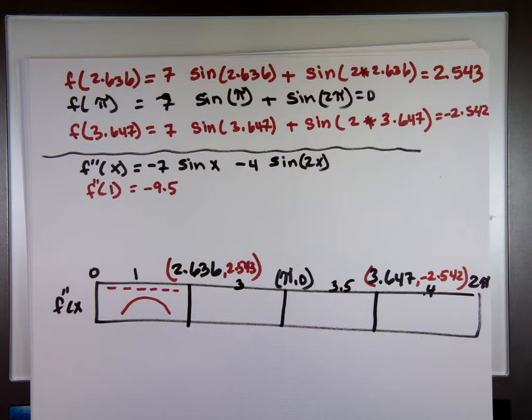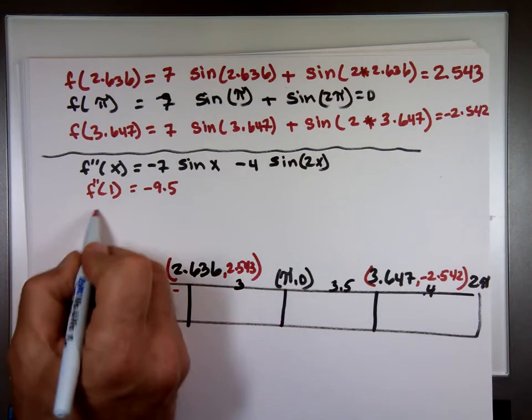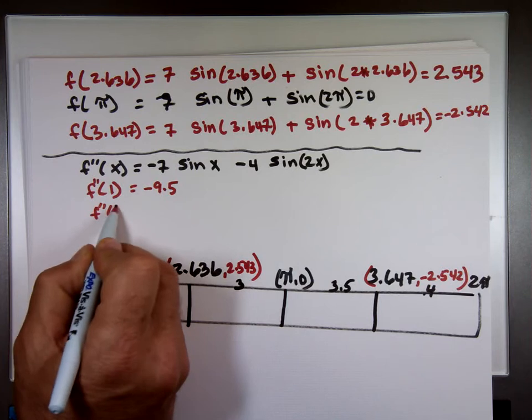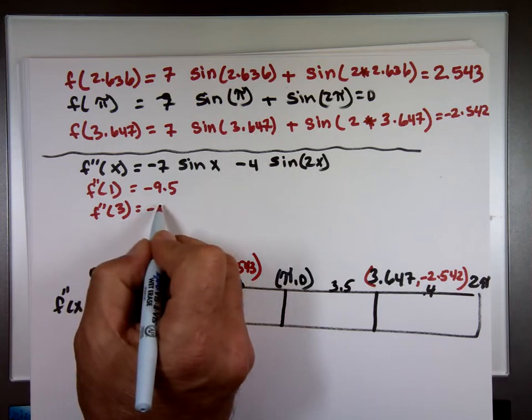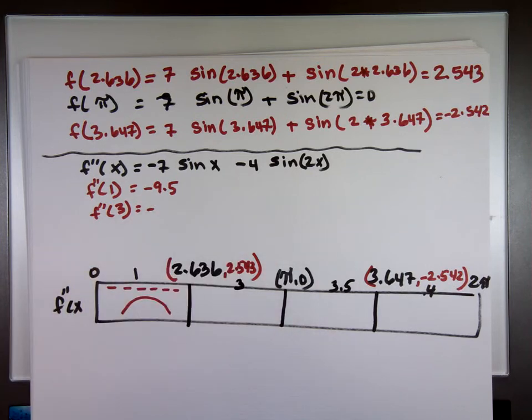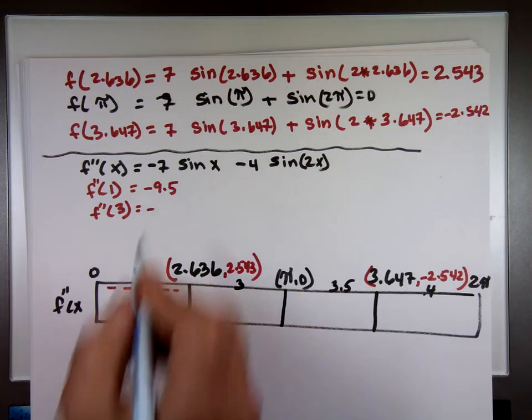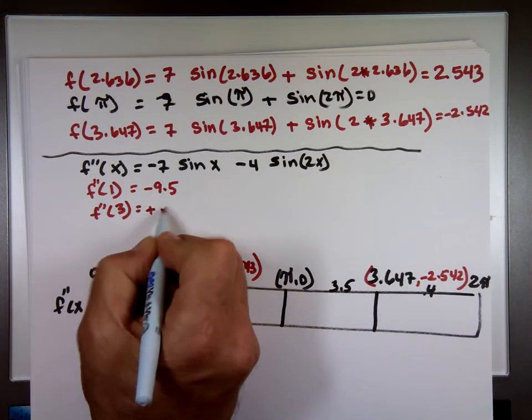Are you guys paying attention? F double prime at 3: negative 7 sine of 3 minus 4 sine of 6. Positive 0.13.